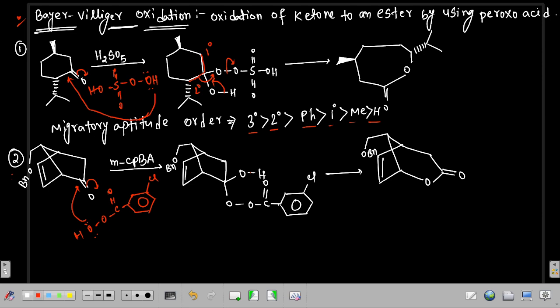Now there is a possibility that this bond will shift or this bond will shift. Now you see this is a 1 degree carbocation, this is a 2 degree carbocation. So in this case this one will shift instead of this, so this bond will shift to the oxygen and it leads to the removal of this bond. So it leads to the formation of this rearranged product.